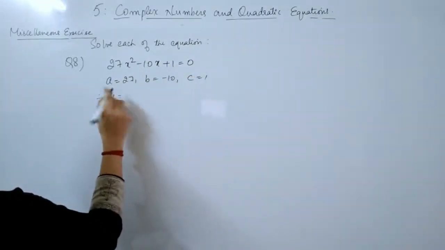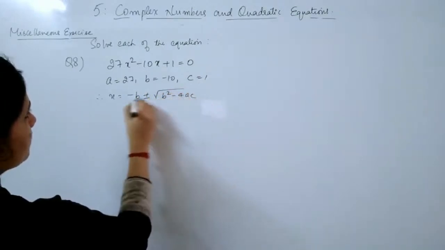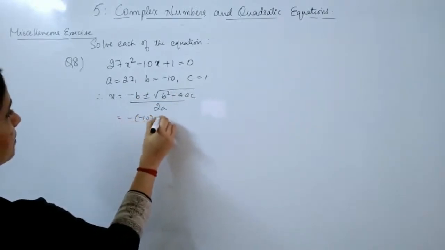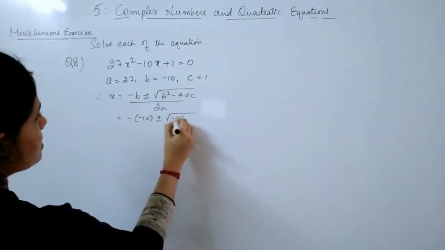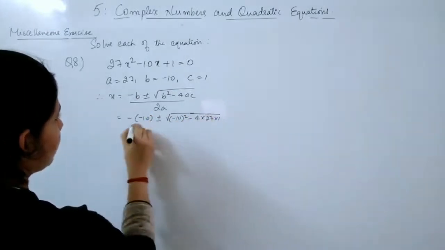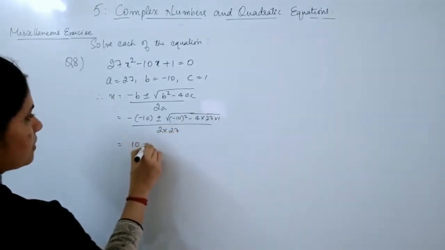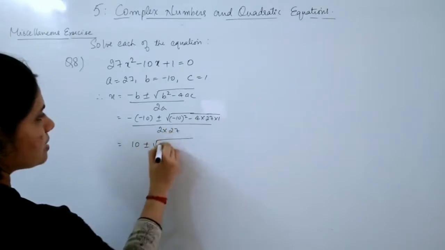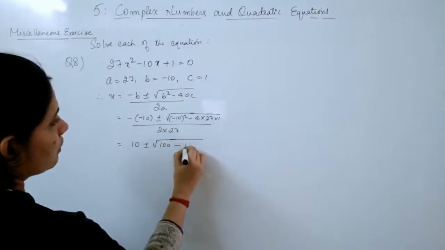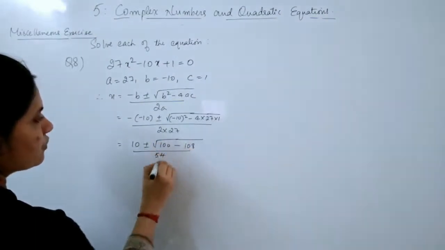Therefore, your x is minus b plus or minus root of b square minus 4ac by 2a equal to minus of minus 10 plus or minus root of minus 10 the whole square minus 4a is 27 into c1 divided by 2 into 27, which is 10 plus or minus root of, here you will get 100 minus 4 into 27 will give you 108 divided by 2 into 27 will give you 54.